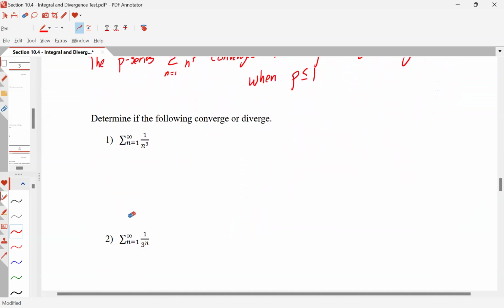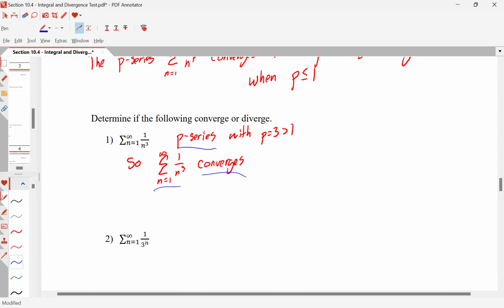This first one is a p-series with p equal to 3, which is greater than 1. So the series n equals 1 to infinity 1 over n cubed converges. Series converges by the test with the reason.